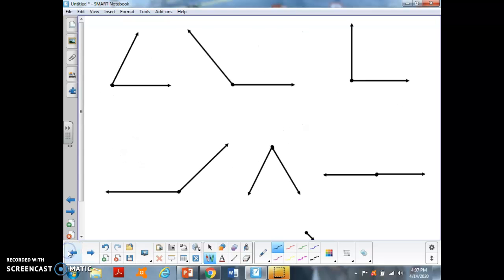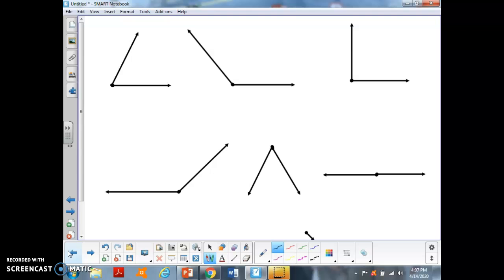Okay? All right. Then when you take your paper and you flip it to the back side, it's going to ask you to label each angle as one of the names. Classify it. Right, obtuse, acute, or straight.